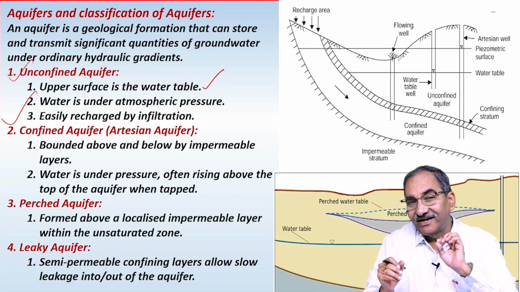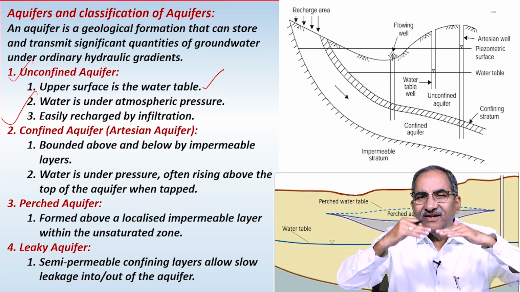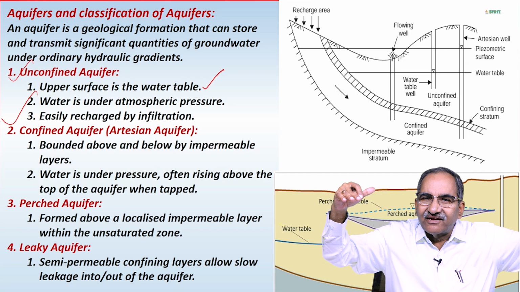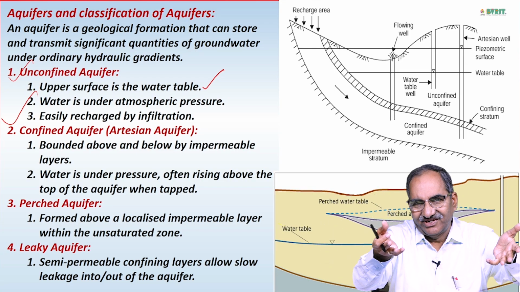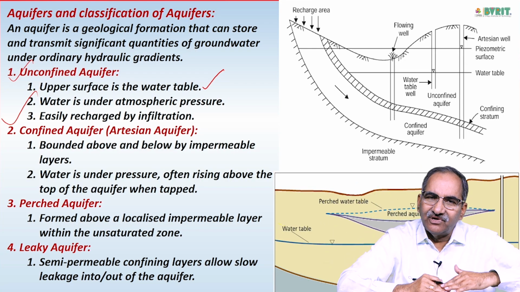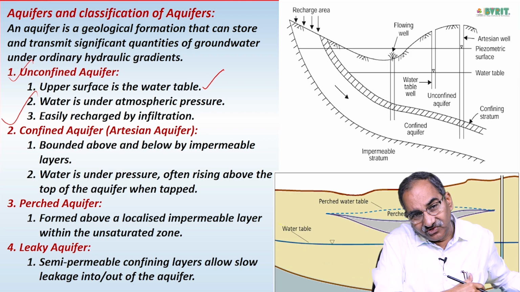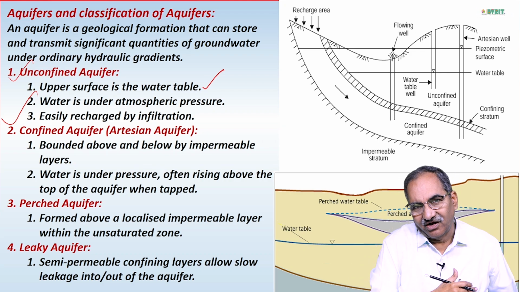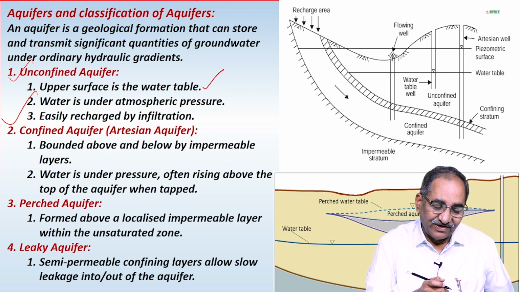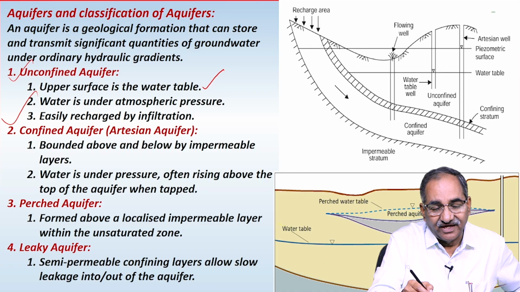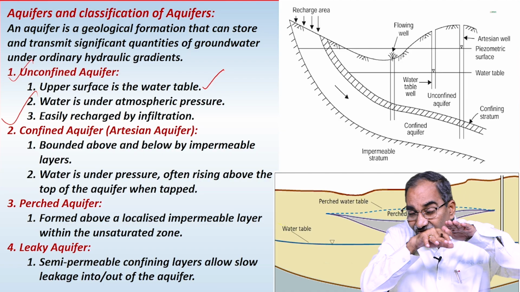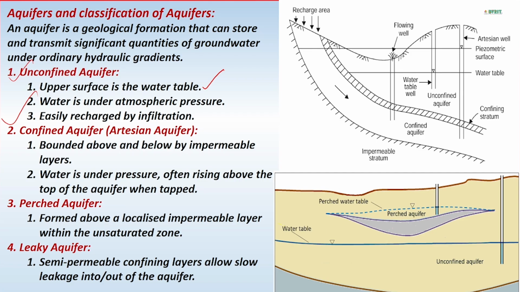An unconfined aquifer means there is no confinement. The top of an unconfined aquifer is the water table. Below the water table, whatever water is there, down to the bottom rock, is what we call the unconfined aquifer.